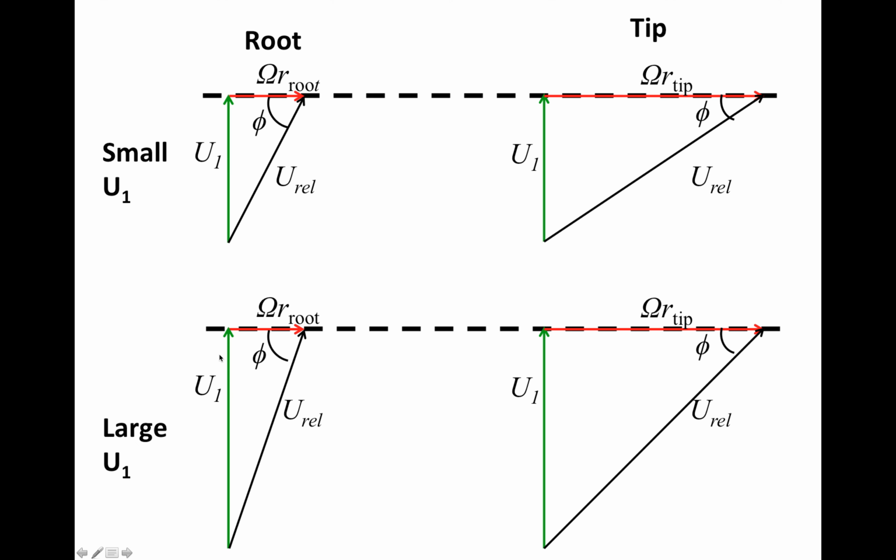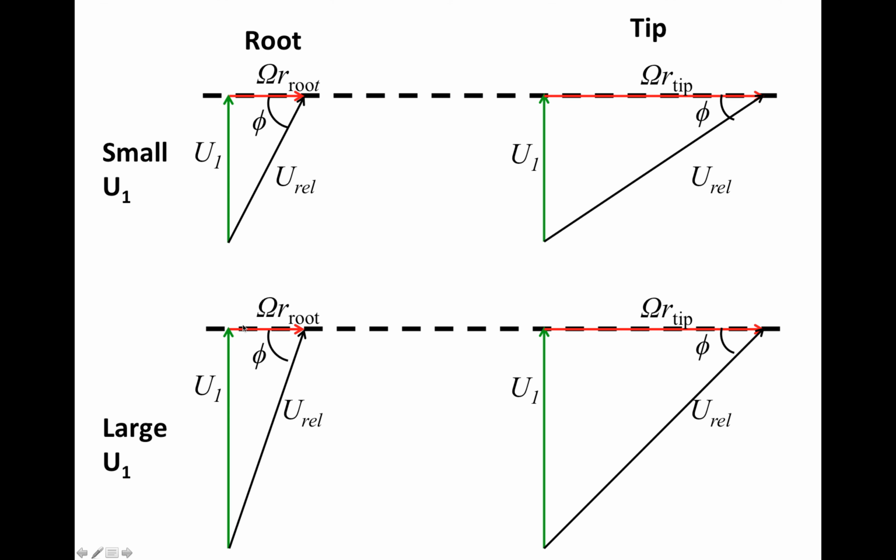So as the green arrow becomes longer, phi increases, which is true for both cases. But because at the root phi is larger at the beginning, at the smaller u1, the blade at the root is going to enter the stall regime earlier.